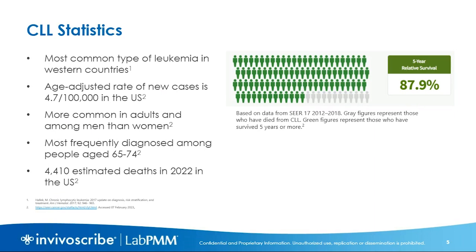It has a 5-year relative survival of 87.9%, and it's more common in adults and among men than women. It's most frequently diagnosed among people aged between 65 and 74, and there were an estimated death number of 4,410 in the United States last year.